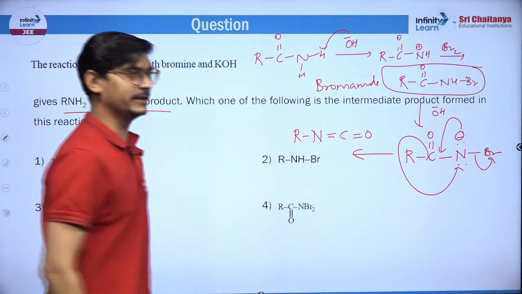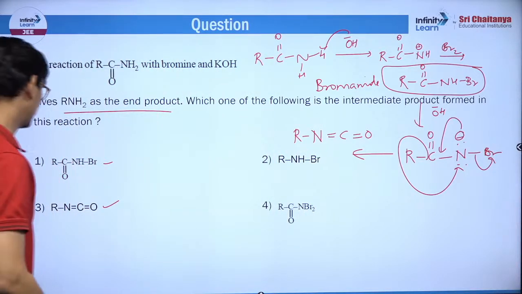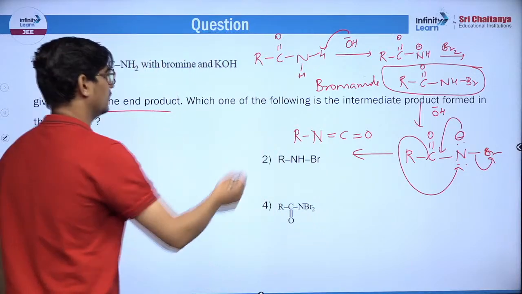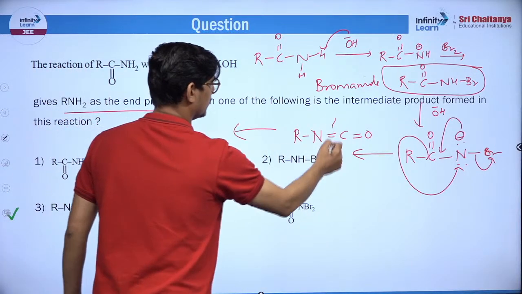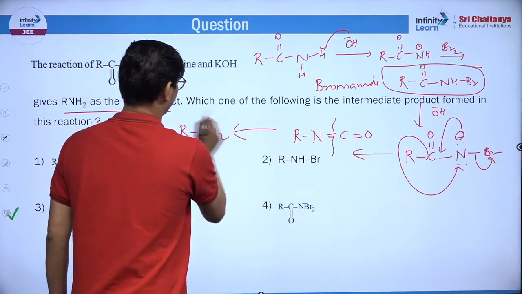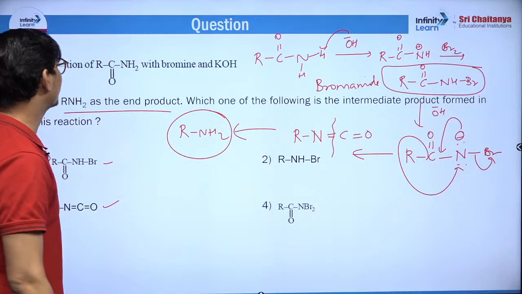So isocyanate is another intermediate, so this is also a correct answer. So unfortunately there were two correct answers to this question, right? Now you know, upon hydrolysis it gives you carbon dioxide, right? And then primary amine. So you know the answer to this question right now, okay?